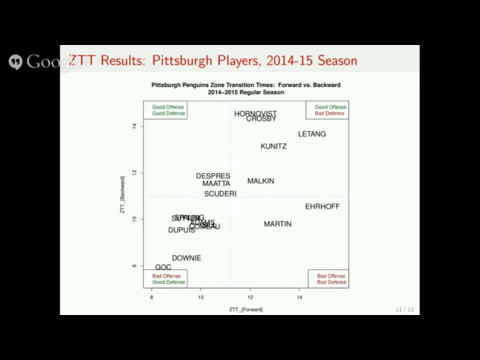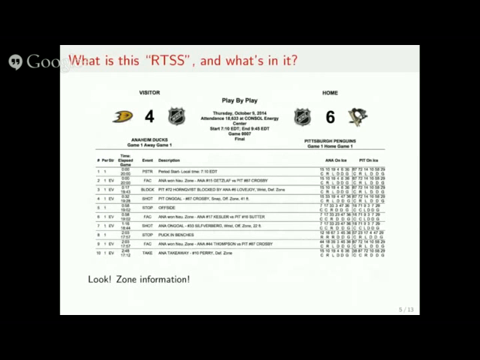Yeah, so there's a couple things at play. If I go back and look at the RTSS data, we don't have the zone information at every point in time. We only have it when something happens, right? So if the defense is carrying it up out of the defensive zone, and then they circle back or something and look for their D partner, that's not recorded in this data. So it's only looking at when something happens.